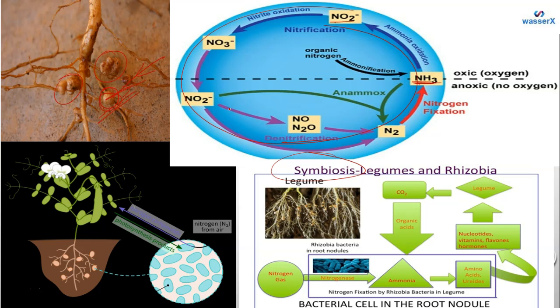This is the whole nitrogen cycle we have studied: how atmospheric nitrogen comes into the soil, then to the plants, then to the animal body, then again to the atmosphere.